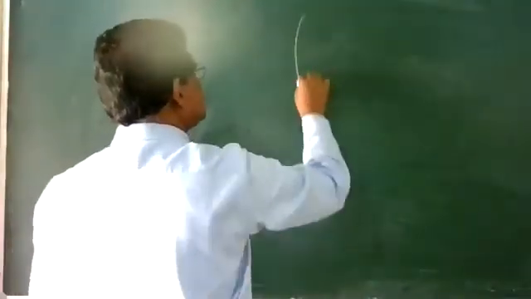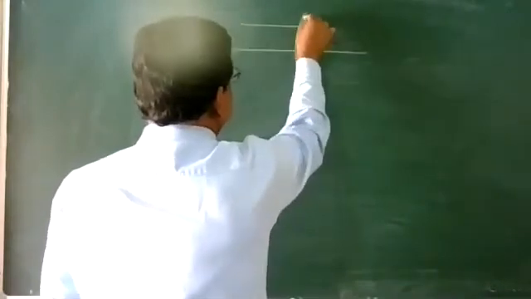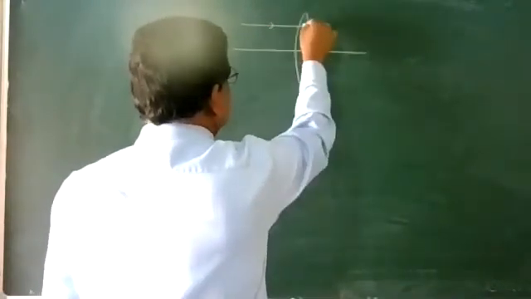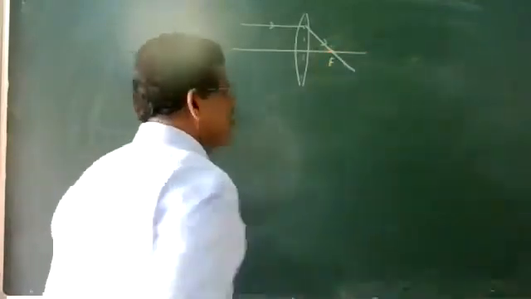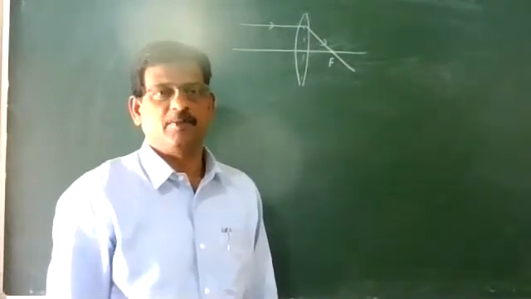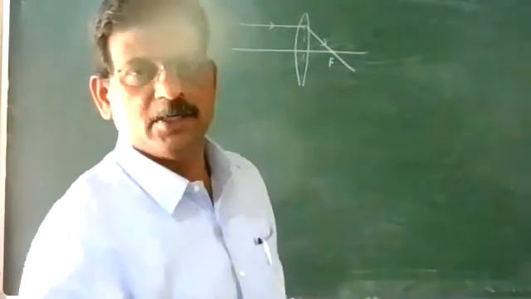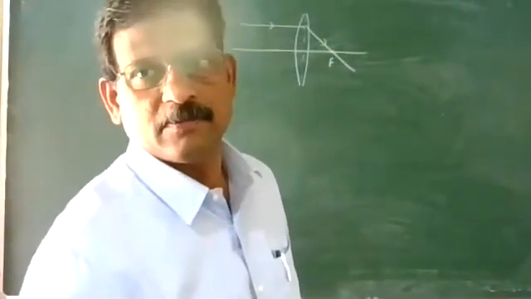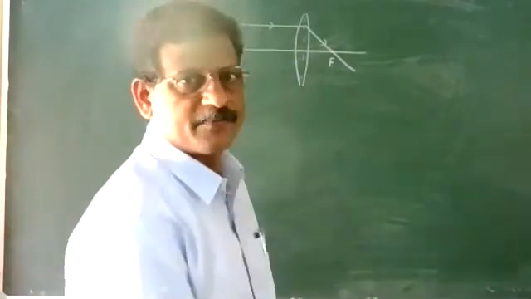The first one is a ray parallel to the principal axis, which after refraction passes through the focus. In all the cases, we use this. It is the first preference in all the cases.